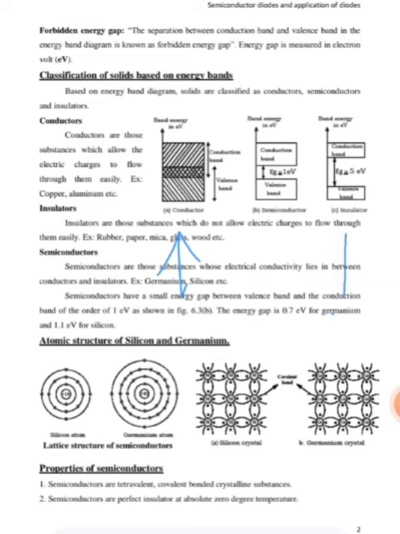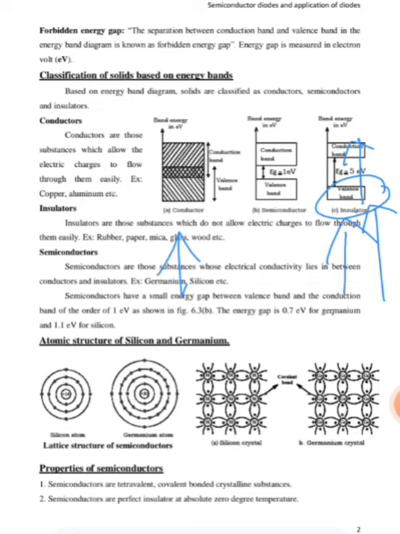When it comes to an insulator, no matter how much energy we supply from outside, the electrons present in the valence band, that is the valence electrons, can never jump from the valence band to the conduction band. The valence electrons can never become free electrons in spite of providing external energy.